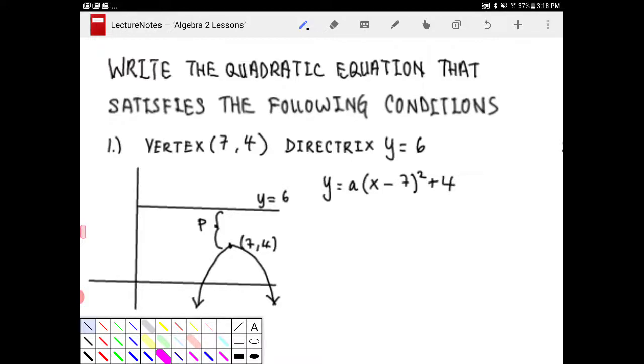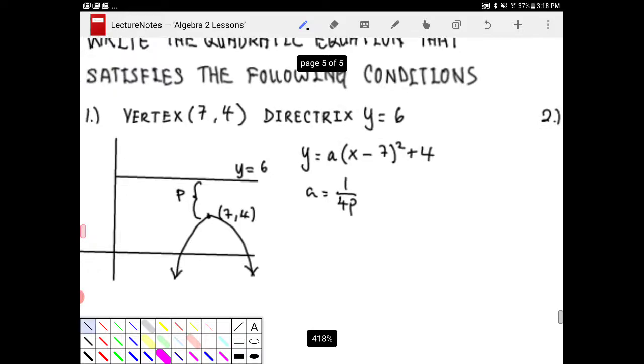Now I do have a relationship for a and for p, and that is a is equal to 1 over 4p, where p again is the distance between the directrix and the vertex. So again, the mathematics itself should tell us whether or not this is going to be upside down or right side up. Now that I know this, I can see that p here is equal to 2.